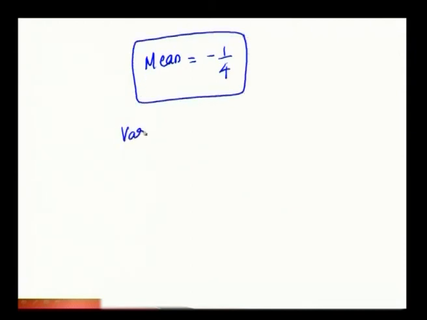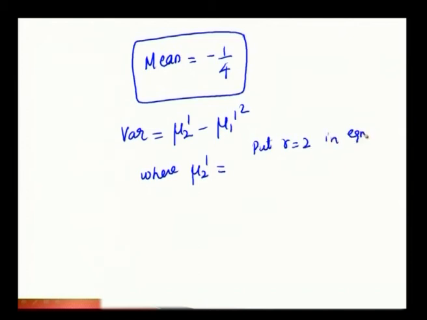Next, you have to find out variance. Variance is mu 2 dash minus mu 1 dash square. Mu 1 dash you already found out, 1 by 4; now you have to find out mu 2 dash. Mu 2 dash is obtained by putting r is equal to 2 in equation 1.